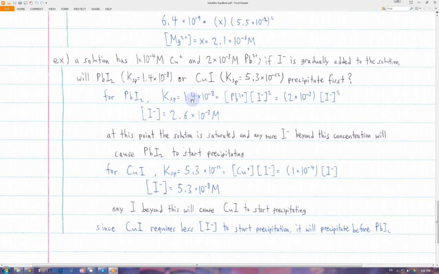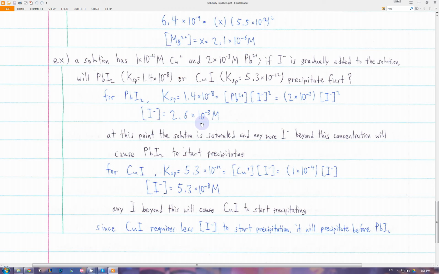So write out the equilibrium expression for the dissolving of lead iodide. We get this. And then we know the concentration of the lead ion. So we plug that in, and we can solve for the concentration of iodine ion.